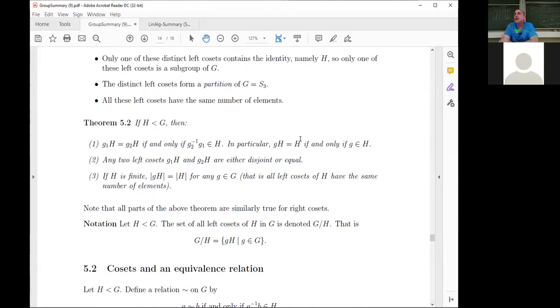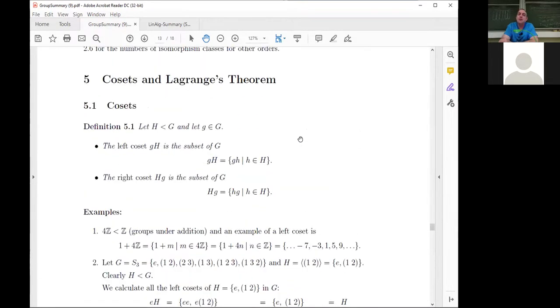Yep, that wasn't my plan. My plan was to ask a question about groups at all. G factored out H is a group. And gH is an element of that group. And H is the identity of that group.